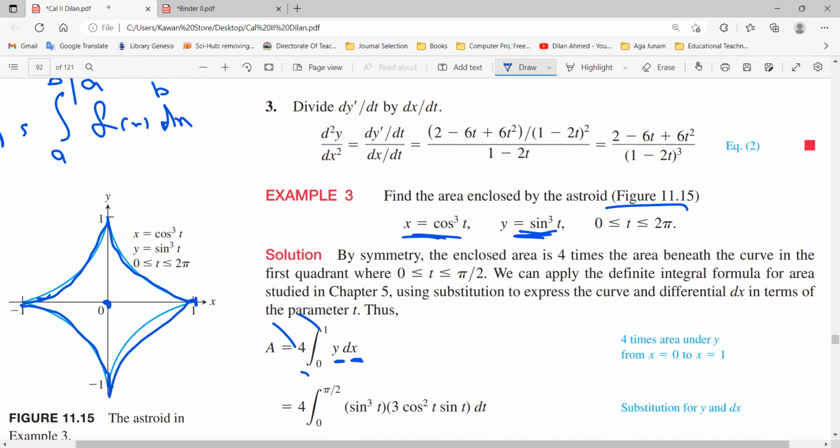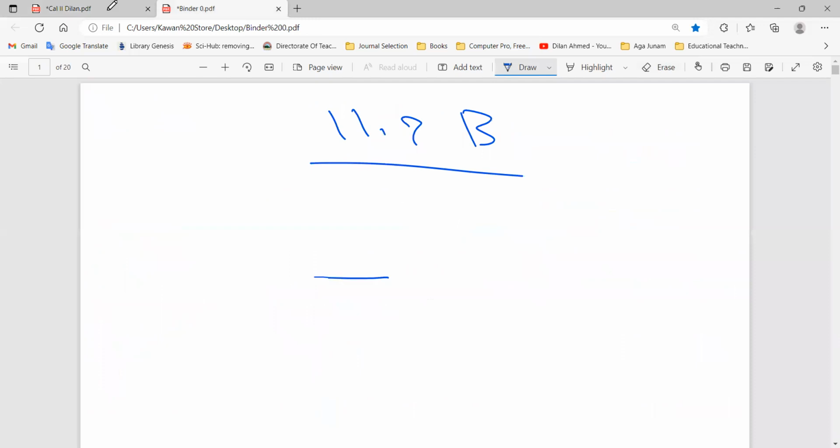Understood? So by symmetry we have 4 times, and t between 0 and pi over 2. Why? Because when I change to t, the area from 0 to 1 will change from 0 as an angle to pi over 2.